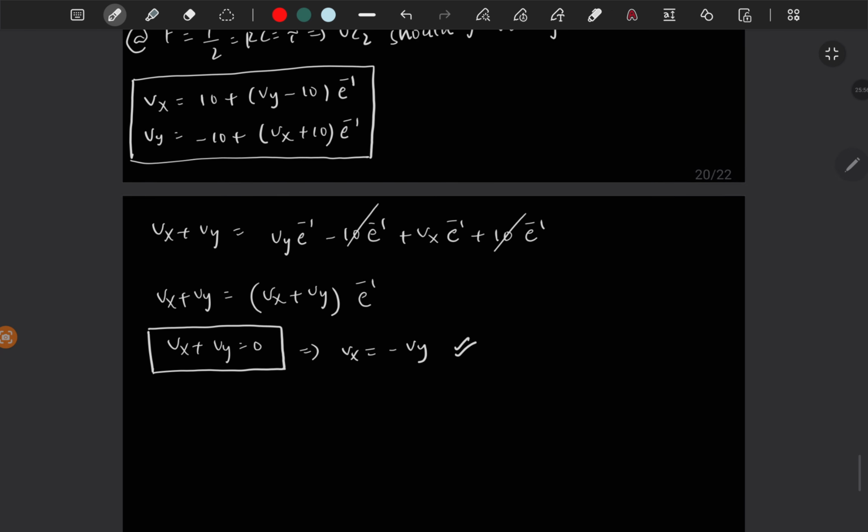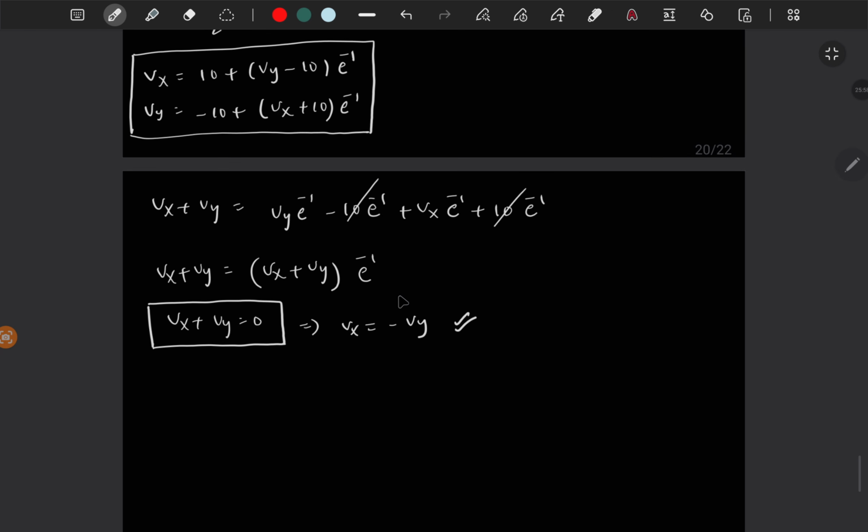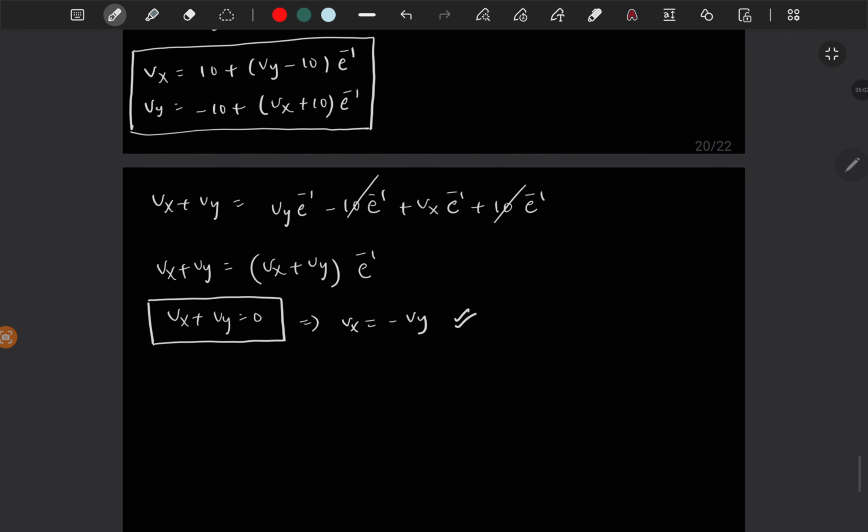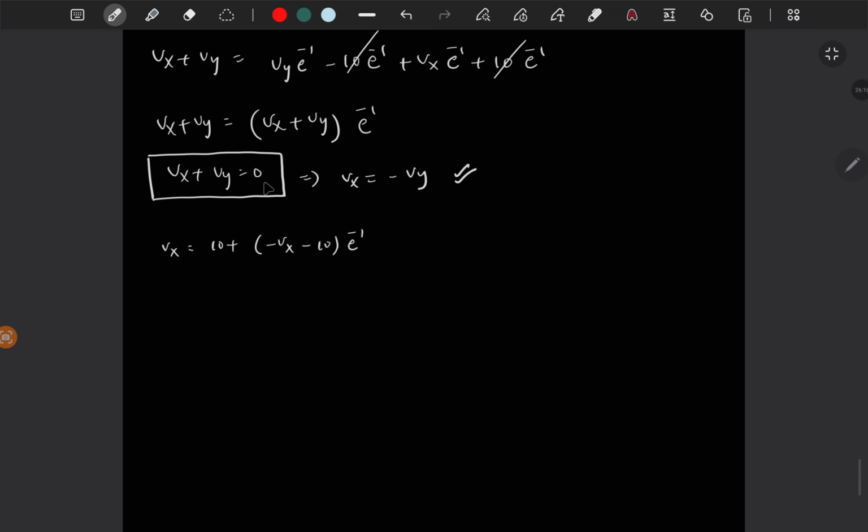If you want to get the Vx and Vy values, substitute in any one of the equations. Let's do that. I am substituting in equation 1. So Vx is equal to 10 plus (minus Vx minus 10) e power minus 1.